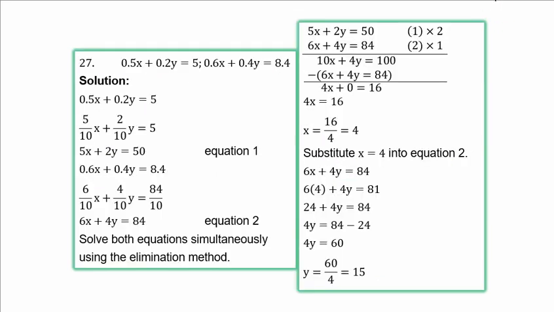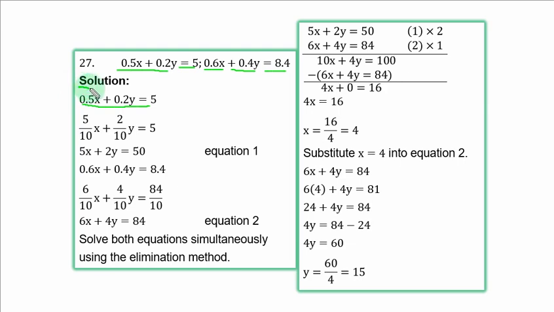Example 27, you have 0.5s plus 0.2y equal to 5 and 0.6s plus 0.4y equal to 8.4. This is the first equation. You have some decimal coefficients.